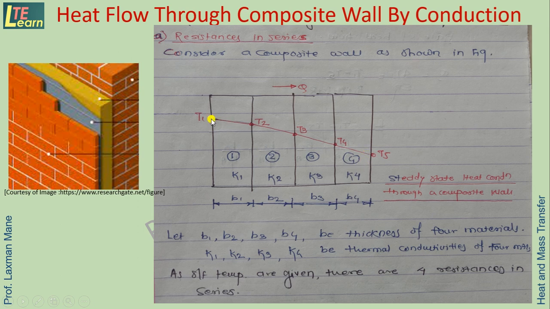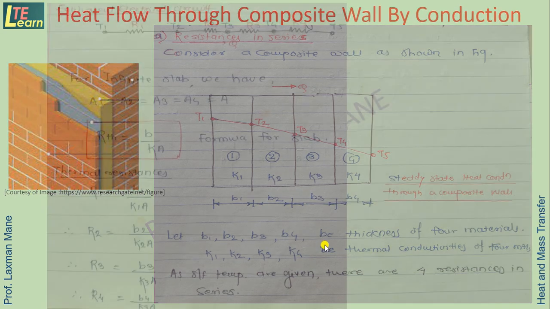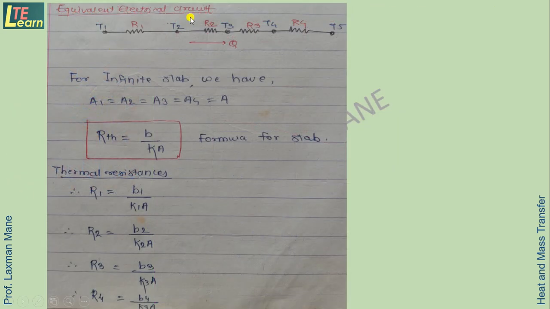The left surface has temperature T1, the extreme right temperature is T5, and the temperatures at each layer are given. The direction of heat flow is from left to right, and this is steady state heat conduction. So here we can now use the concept of electrical analogy, the equivalent electrical circuit. There are 4 materials, so here are 4 resistances.